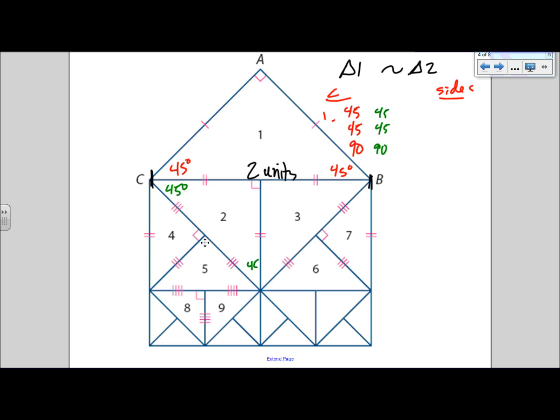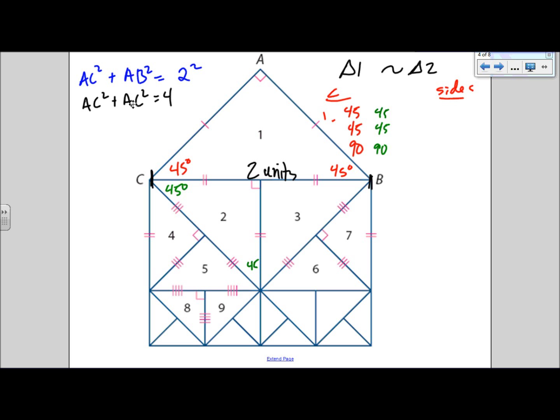Well, what I have to do is actually find some side lengths, which I can do if this is 2 units. Because if I do AC squared plus AB squared, that's going to equal 2 squared. But what do I know about AC and AB? Oh, they're the same length. So I can actually write this as AC squared plus AC squared equals 4.